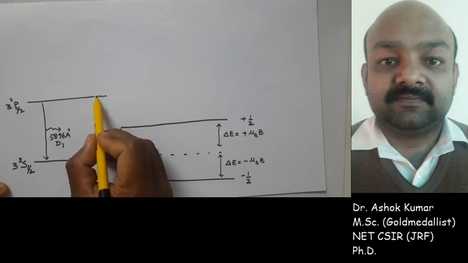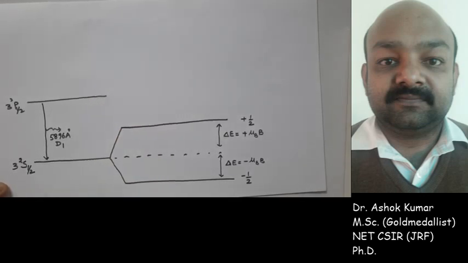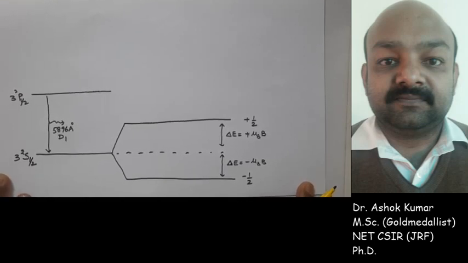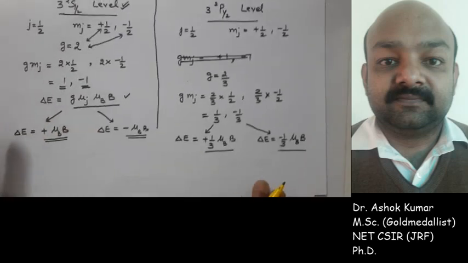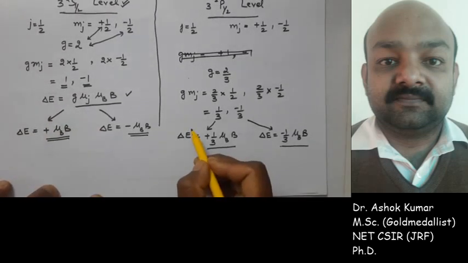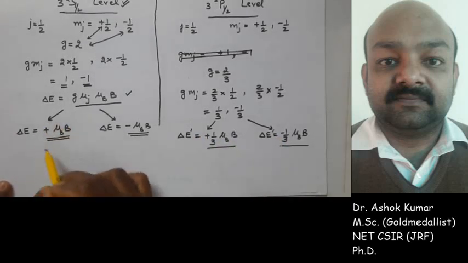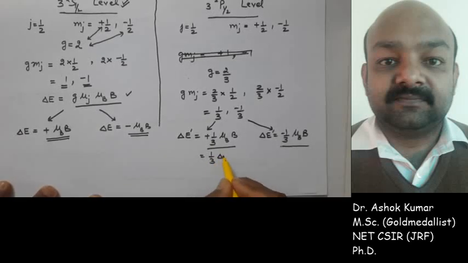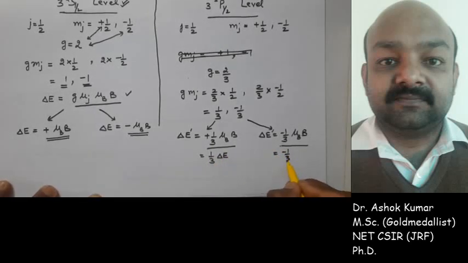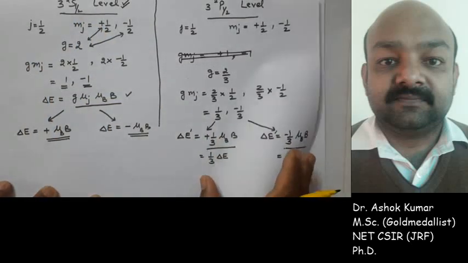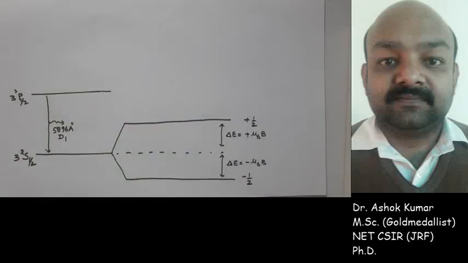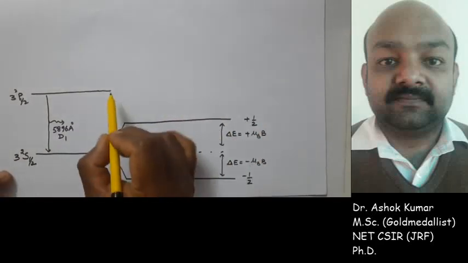But after the splitting, the scenario is altogether changed. As we have just derived, the change in energy for this level, if I mark it with a dash, will be 1/3 delta E, and this one minus 1/3 delta E. So the splitting takes place and the change in energy is 1/3 of the splitting for this energy level. So we represent it here: the gap should be 1/3 of this.